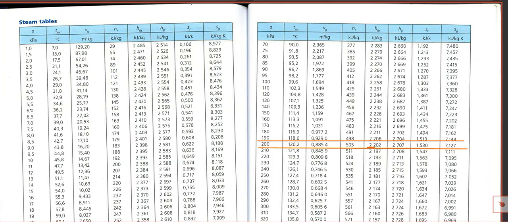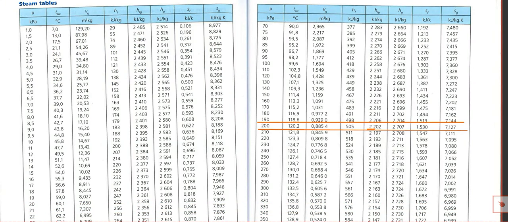We go to our steam table. Let's look for our pressure of 270. So 270 here. You will just align your ruler to 270. There. I'm looking for Hg. My Hg value is 2720.